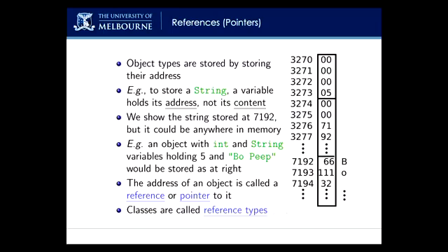I'll refer to both references and pointers generically. But you don't have to specify the pointers as you would in C. If you were learning C programming, you'd have to know about pointers and memory allocation. We don't have to know that for Java.